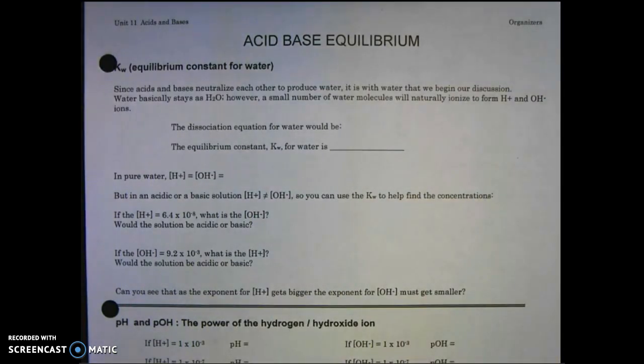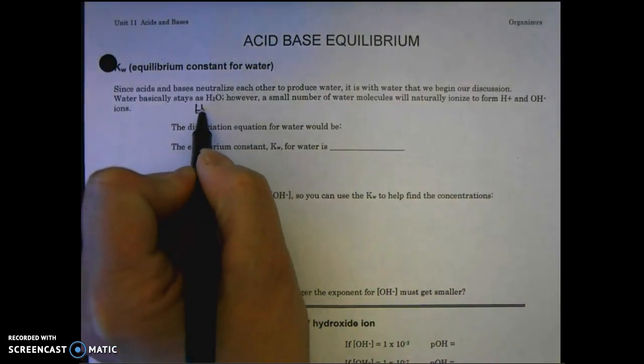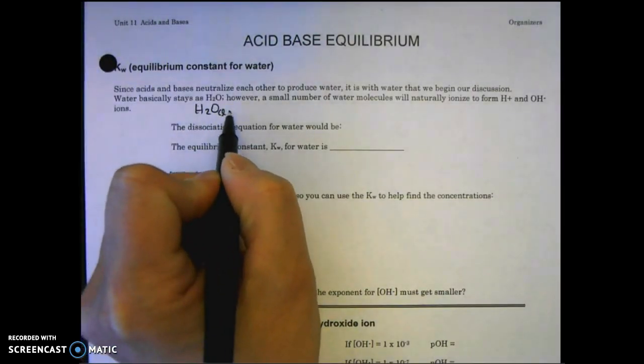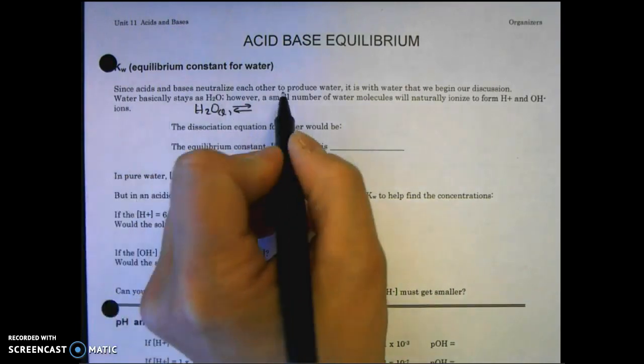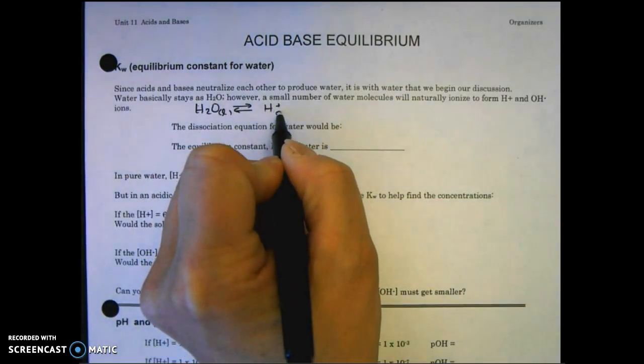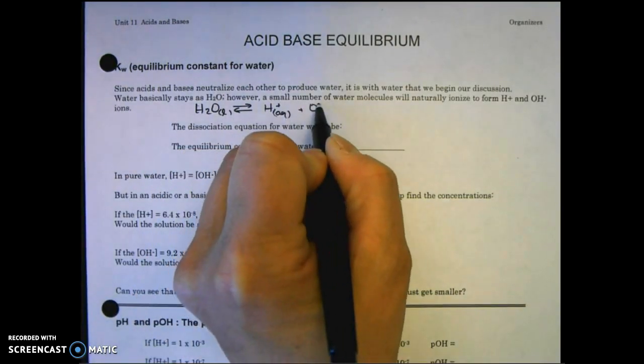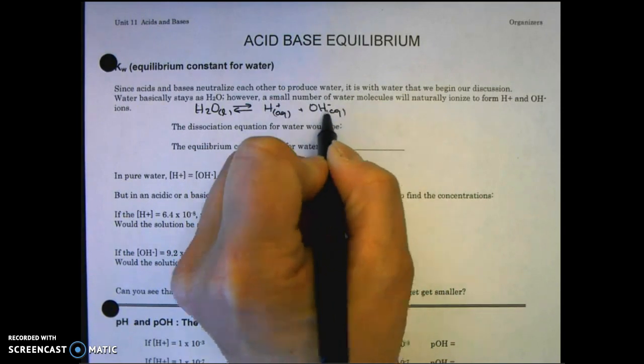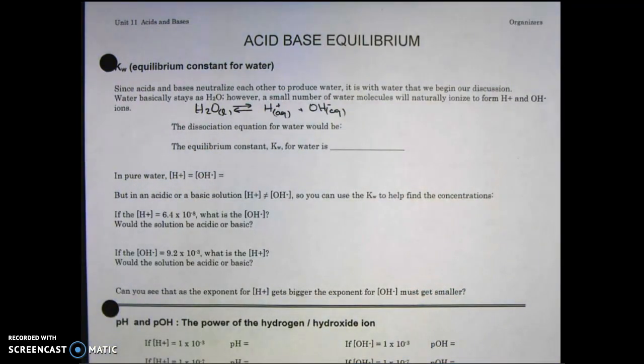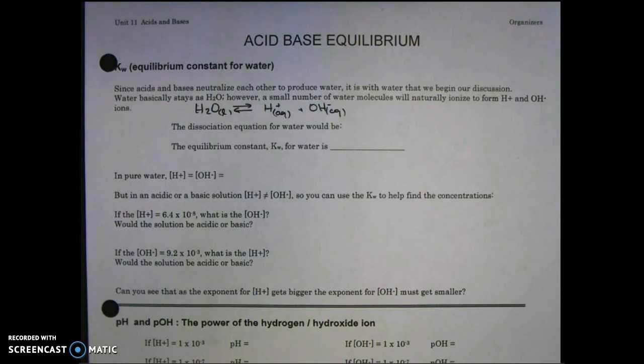So if we were to write the dissociation equation, here's the balanced equation. We've got H2O liquid forming equilibrium between H plus and OH minus. So what would we do to write the equilibrium constant for water?